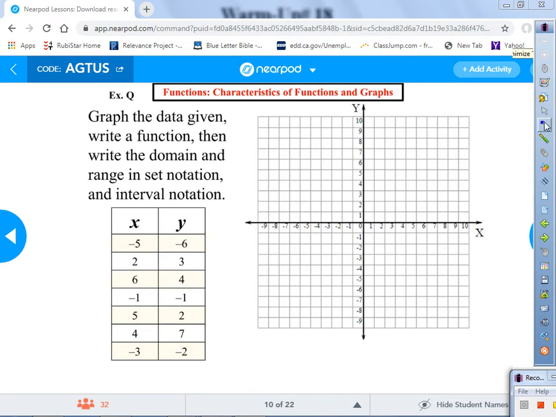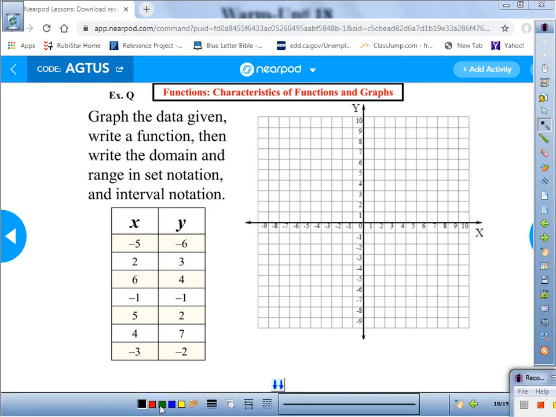So you copied the problem, you copied the table, you plotted your points. So here goes the plotting in case you're having problems with that. -5, -6 is down here. 2, 3 is right there. 6, 4 is right there. -1 is right here. 5, 2 is right there. 4, 7 is up here.